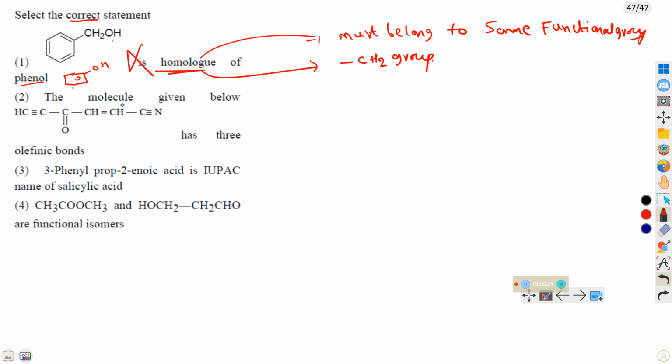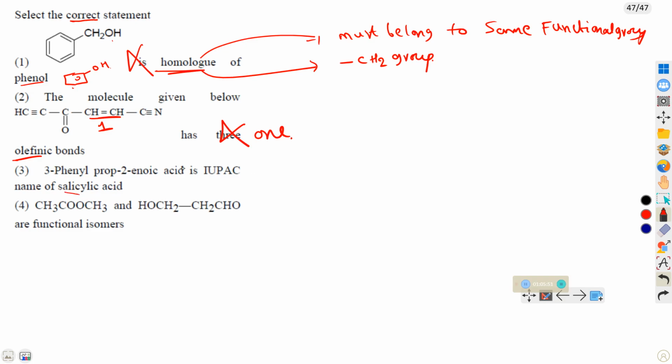The molecule given below has three olefinic structures. Olefins means alkenes. It has only one, not three. 3-phenylprop-2-enoic acid is given as the IUPAC name of salicylic acid.